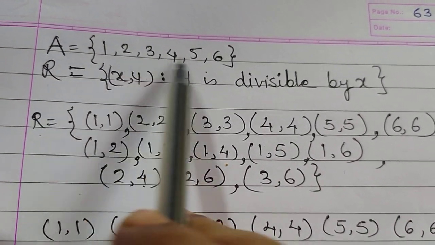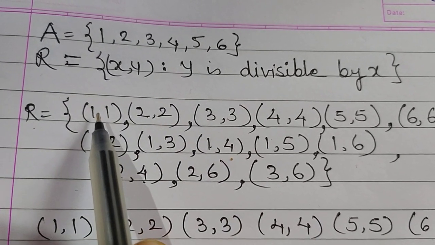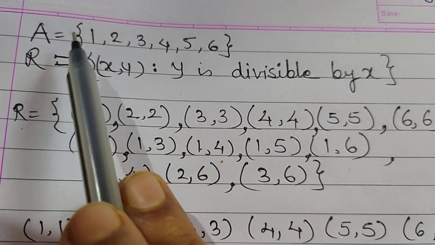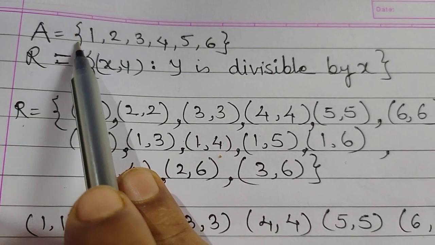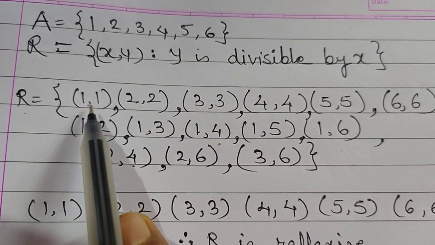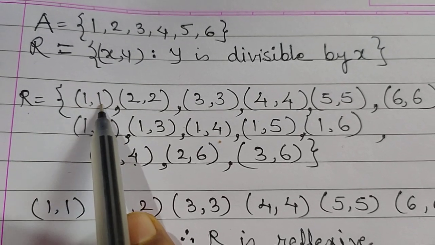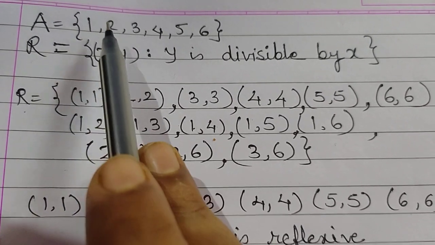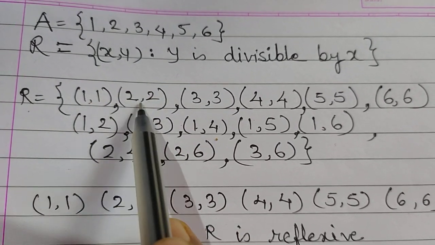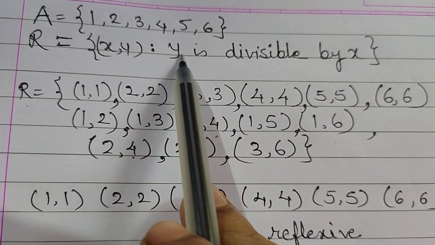Set A is given, these are the elements of set A. In the set R we can write the ordered pairs, taking the same set A for both elements. The pairs will be (1, 1) because 1 is divisible by 1. Every number is divisible by itself, therefore we can write the pairs (1, 1), (2, 2), (3, 3), (4, 4), (5, 5), (6, 6).